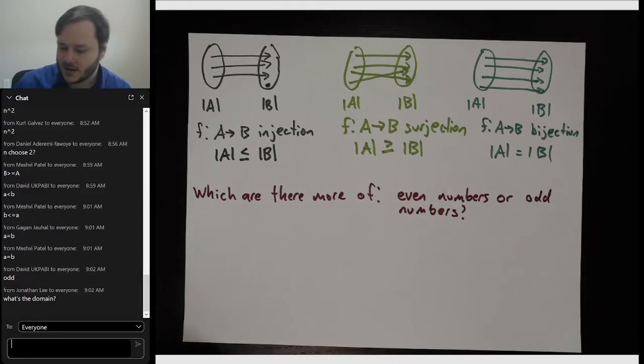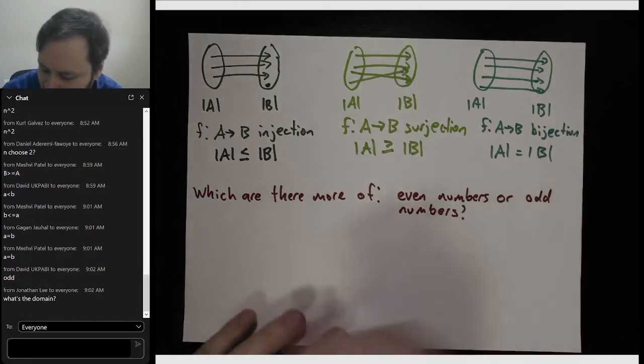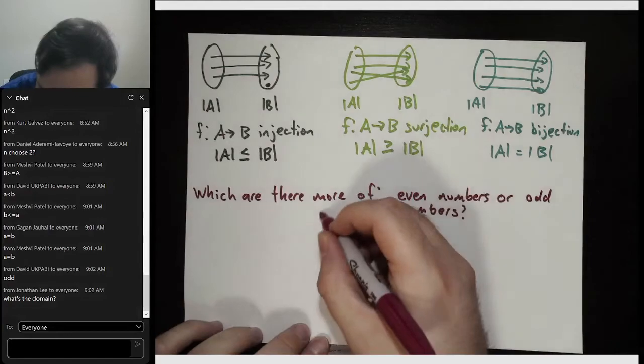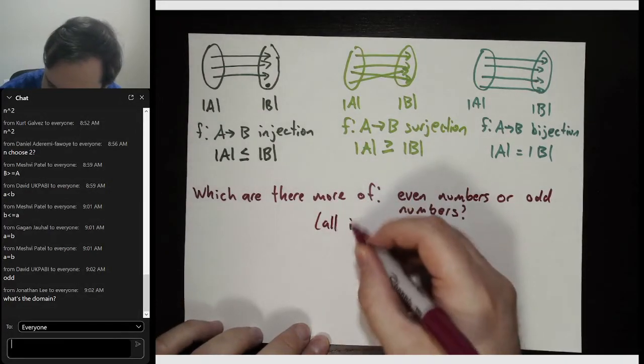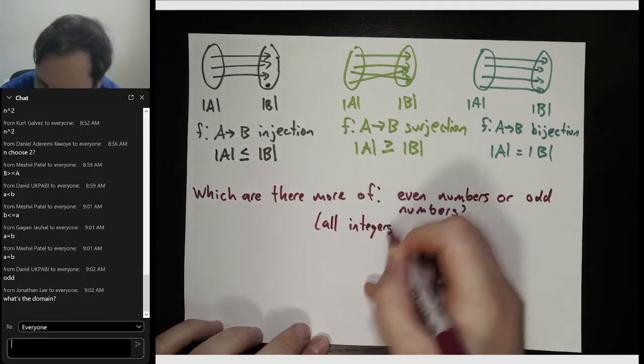What's the domain? Let's say the domain is all integers, including the negative ones.